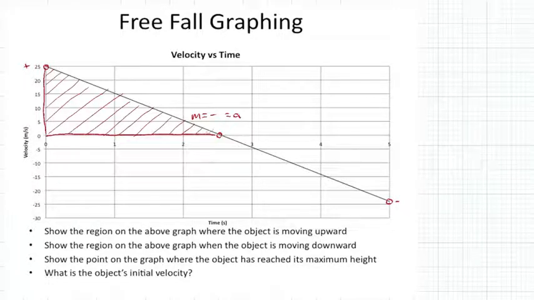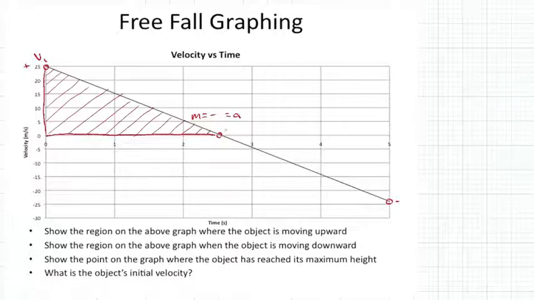So think of, I don't know, a baseball maybe. It's thrown up in the air with a velocity, or initial velocity, of 25 meters per second, but gravity continues, the negative acceleration of gravity continues to tug on it and tug on it, and it gets slower and slower until it reaches 0 right here. Now think about it for a minute.